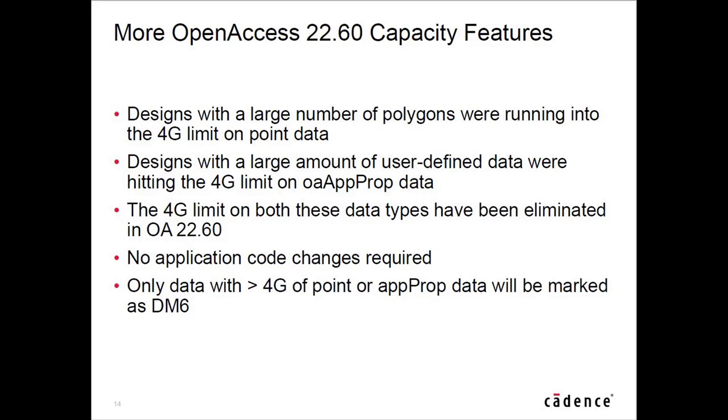Again, reading in a DM5 database and saving it out isn't going to cause these tables to be increased in size. If you save a database, it'll still be DM5. The only time it will be marked as DM6 because of these changes is if you actually have data with more than 4 gig worth of point or app prop data.